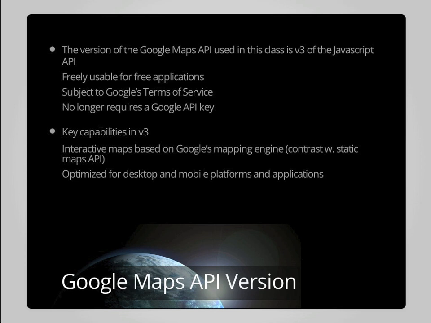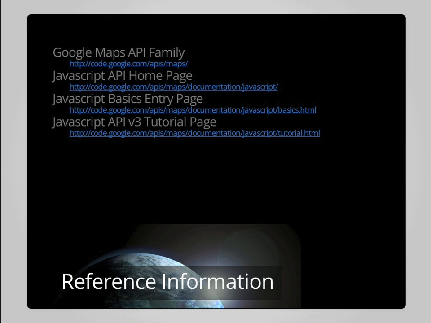So the previous version was more usable in traditional desktop computers and web browsers on those computers, where they've modified it now so that the interactive maps that are published using the API or generated using the API can also be fairly effectively developed to display on mobile platforms such as tablet computers or mobile phones.